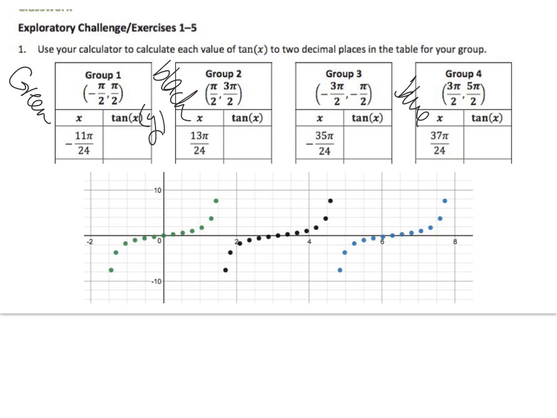And as you can see, our tangent function repeats. It's a periodic function, but it has sort of an issue with it. If we remember, I'll write it down here, tan x equals sine x over, I should do theta since we're doing a unit circle. Tan theta equals sine theta over cosine theta.